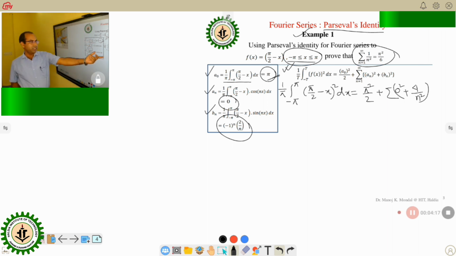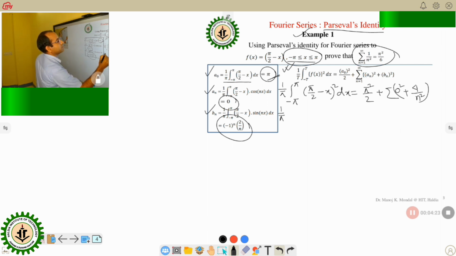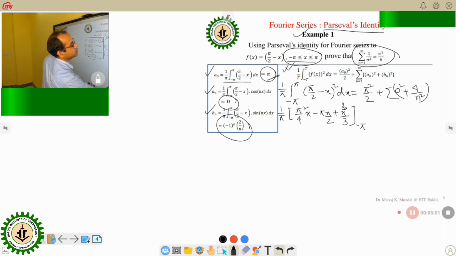Now we have to calculate the left hand side. What will be the value of the integration? 1 by pi, and its value, it's a whole square, that means pi squared by 4 minus 2ab, the 2 cancels, pi x plus x squared. The integration gives x squared by 2, and x cubed by 3, from minus pi to plus pi.